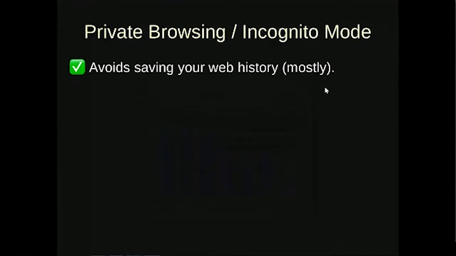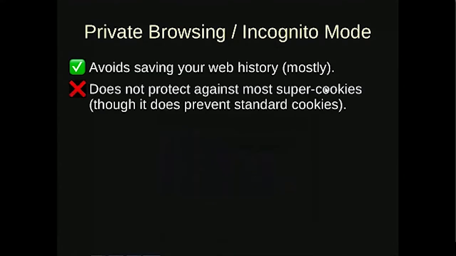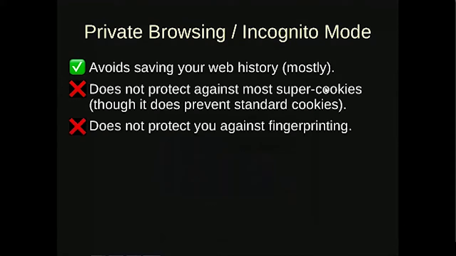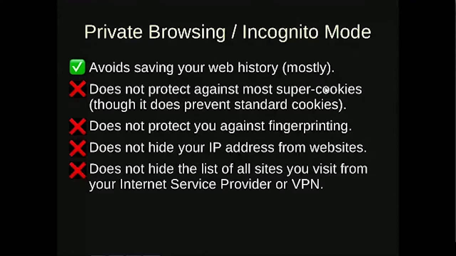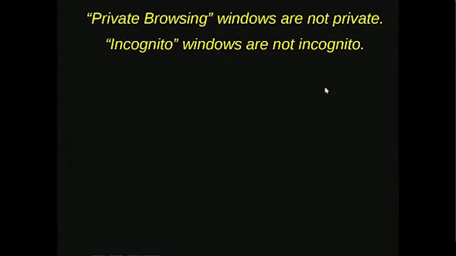It is true that private browsing mode avoids saving your web history, but it does not protect against most super cookies. It does not protect you against fingerprinting. It does not hide your IP address from websites. And it does not hide the list of all sites you visit from your ISP or a VPN if you're using one. So I would argue that private browsing windows are simply not private, and incognito windows are not incognito.